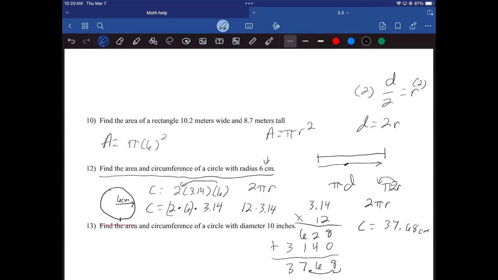Now I'm going to think back to my Aunt Sally or my sister or my adult supervisor, however I want to remember it. Okay, parentheses come first. There's nothing to do inside. Okay, exponents. So 6 squared gives me 36 times pi. Now I'm going to look at that and say, okay, we have 3.14 times 36.